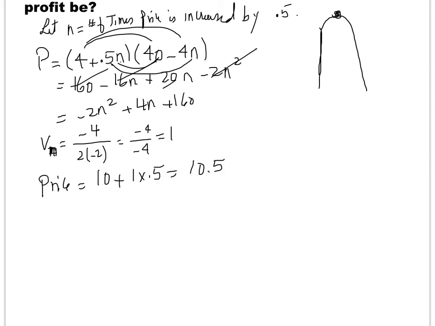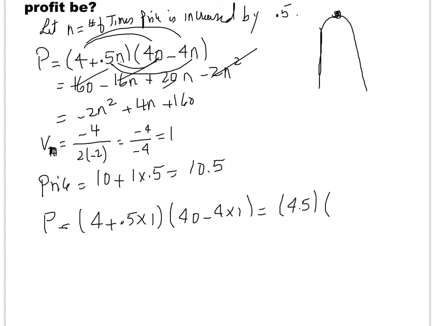So p becomes 4 plus 0.5 times 1, times 40 minus 4 times 1, which is 4.5 times 40 minus 4, which is 36, which is equal to 162, which is the maximum profit.